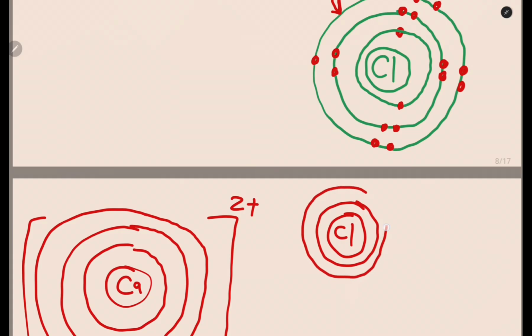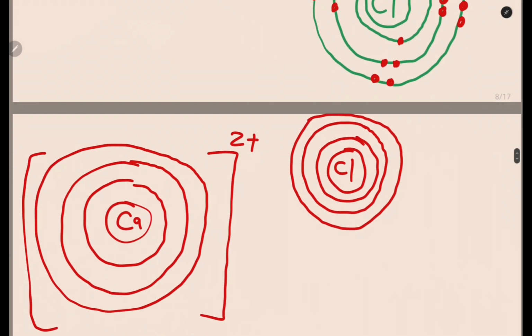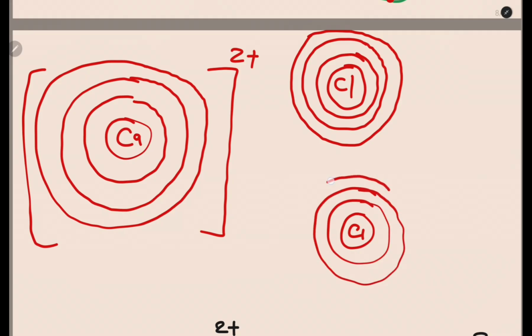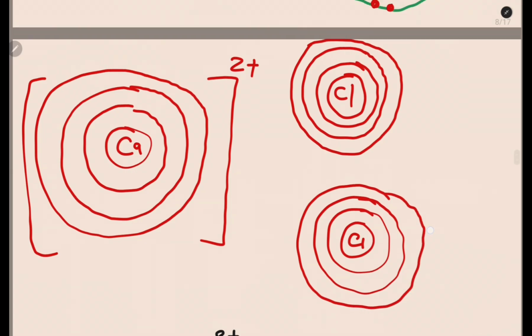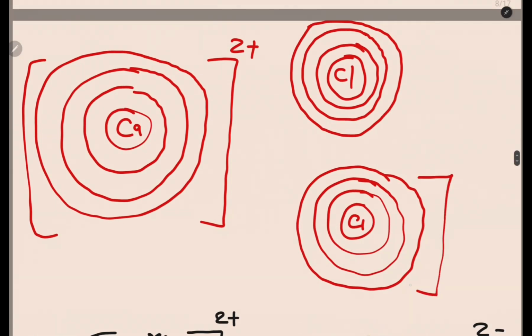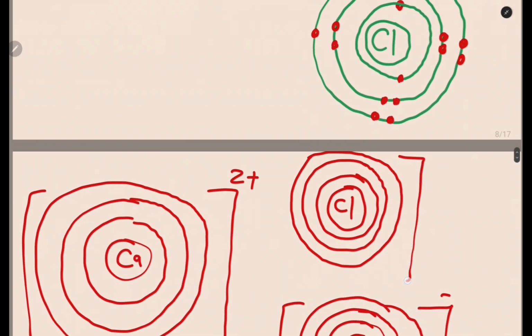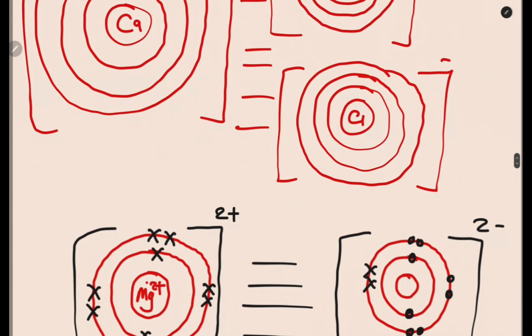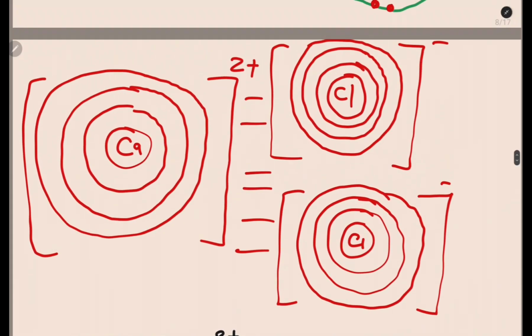So I'll put for chlorine here, another chlorine here, 1, 2, 3. So these you can put like this. I should have aligned them nicely, but I guess you're going to get the point. Then in the middle here, you can put something like this. Okay, then you can put electrons inside.